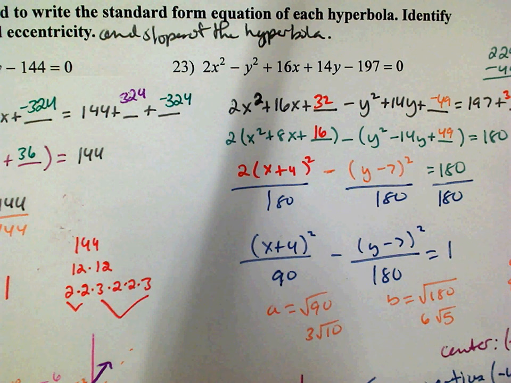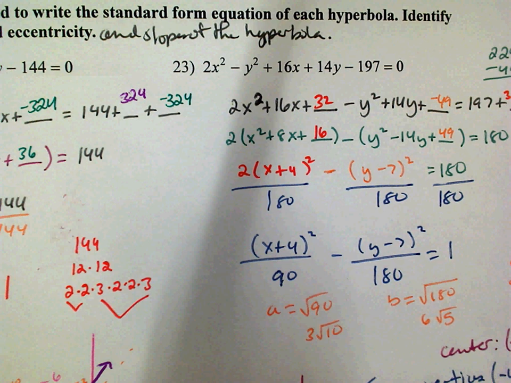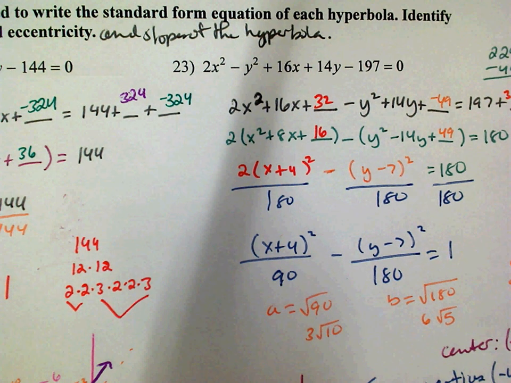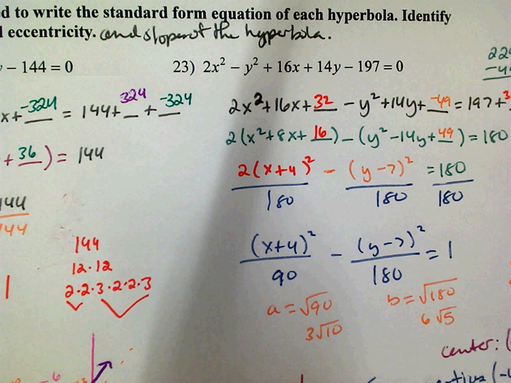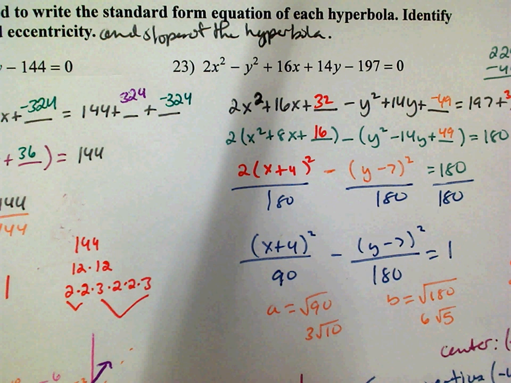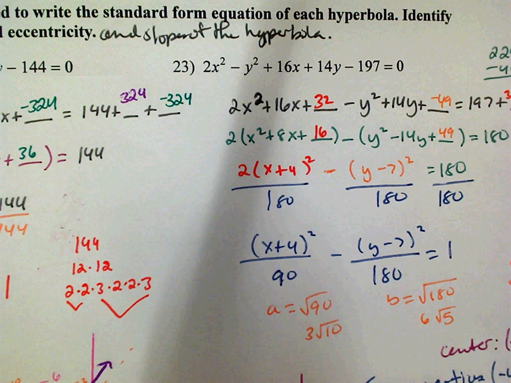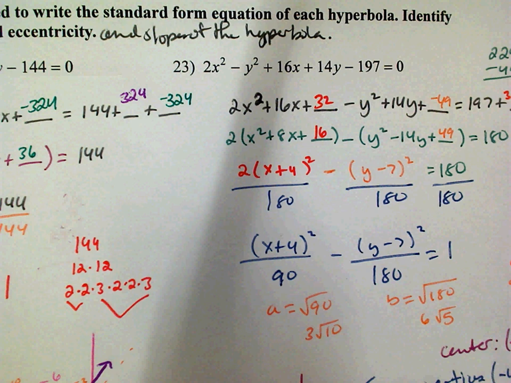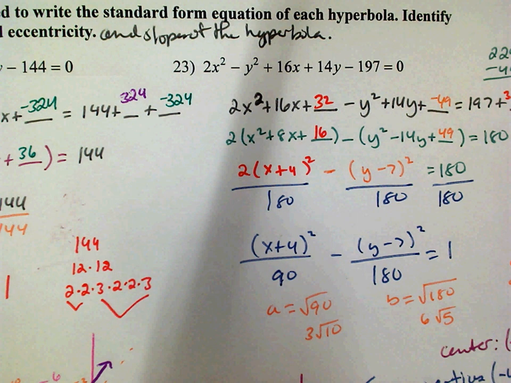And my foci, because I've got to figure out c now, a squared plus b squared, so it's going to be 270. So c equals the square root of a squared plus b squared, square root of 270. 270 would be 9 times 30. 30 doesn't simplify, so 3 root 30.